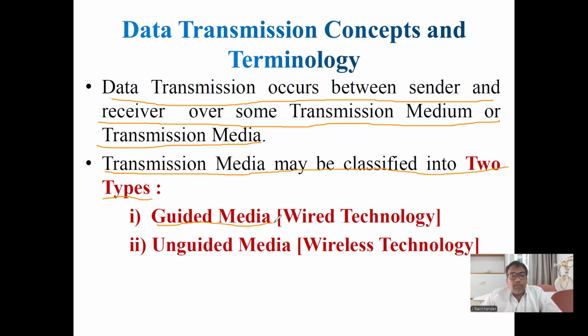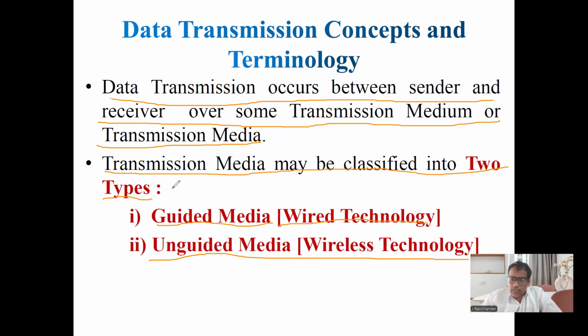One is guided media, that is wired technology. Another one, unguided media, that is wireless technology. These are the different types of transmission media. Guided media means wire or cable.